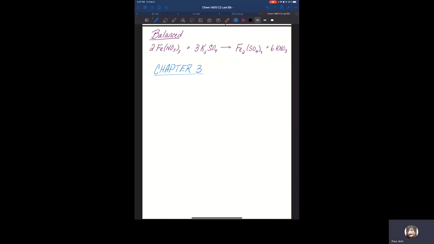Chapter 3 goodness. Chapter 3 goodness is all about measurements. And how do we handle numbers in terms of chemistry classes? First off, remember we are delving through chemistry and it is an experimental science. And being an experimental science, being a science, it is based upon observation.